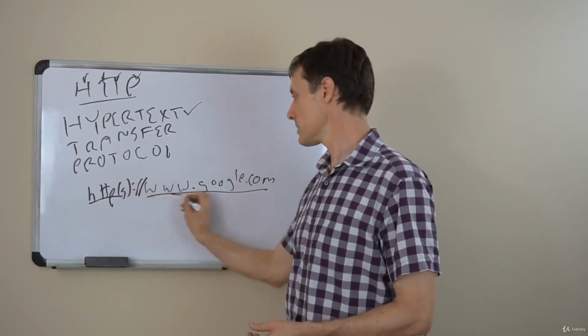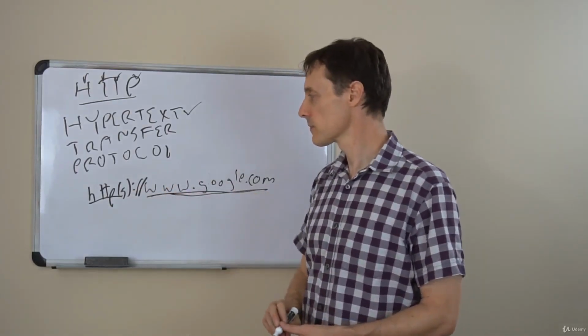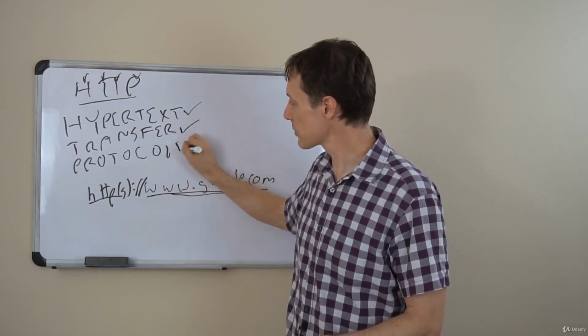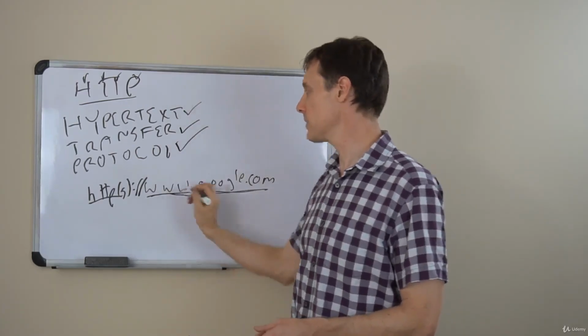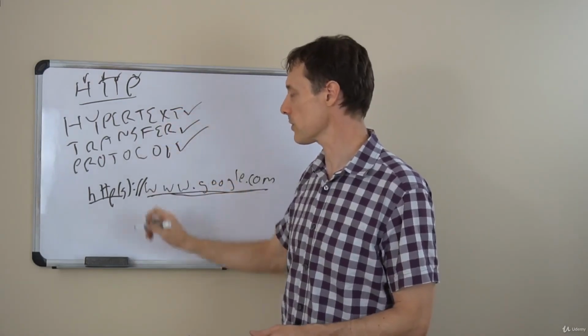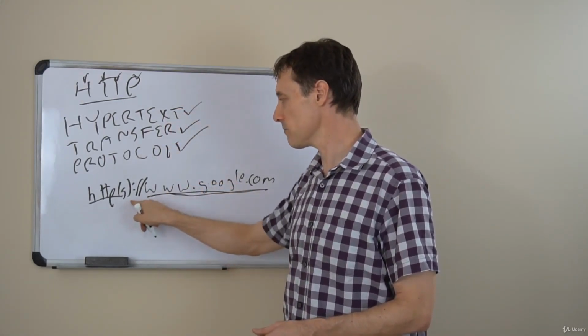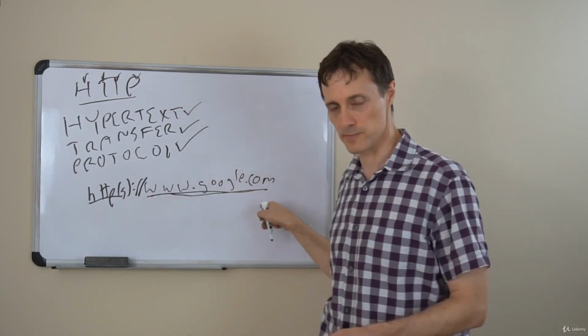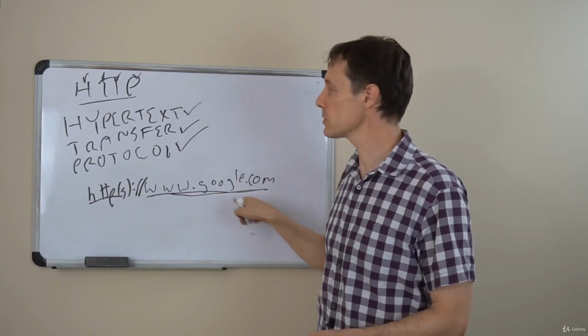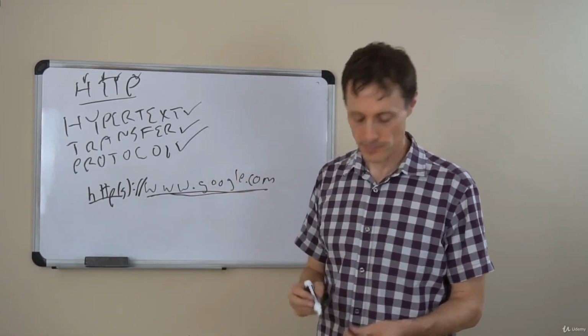It makes this hypertext. How it's done is the transfer protocol. That specifies how it's done. So we have to go over the hypertext transfer protocol to understand behind the scenes what's happening here and to understand web services. So let's get into HTTP.